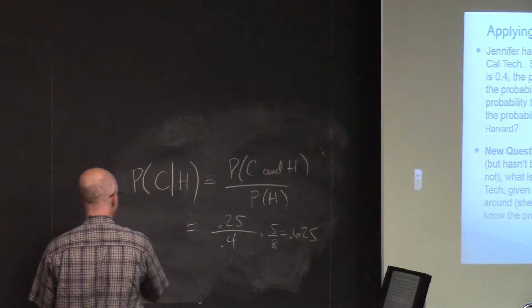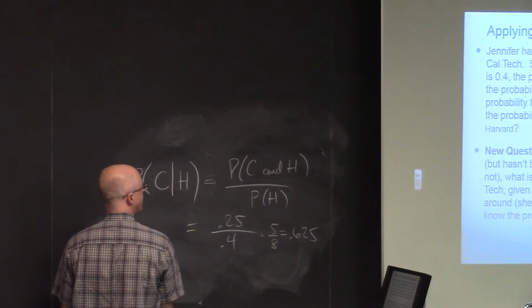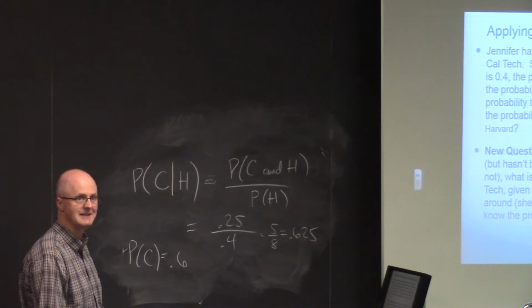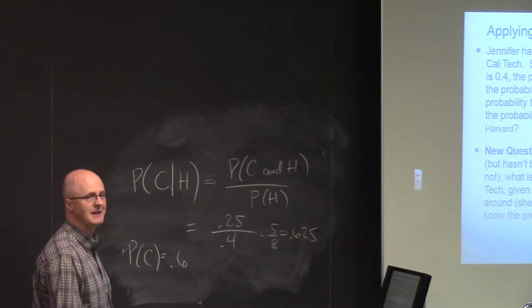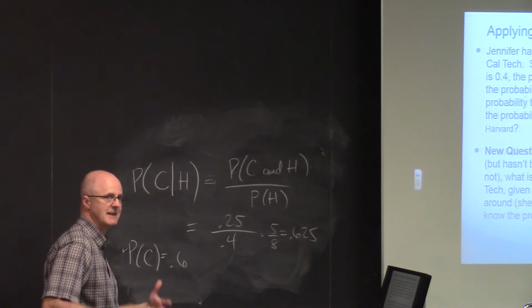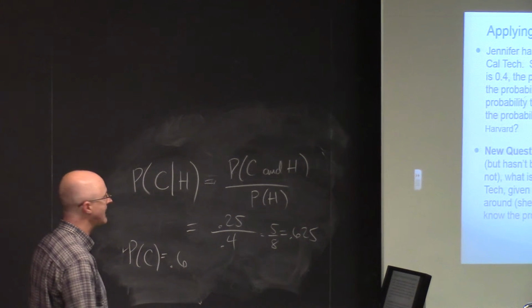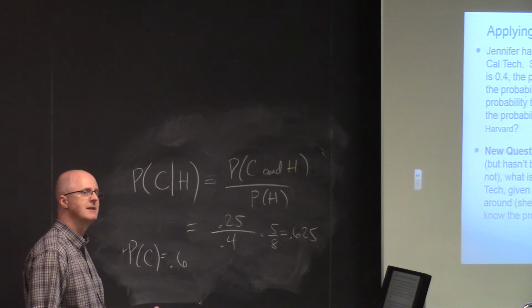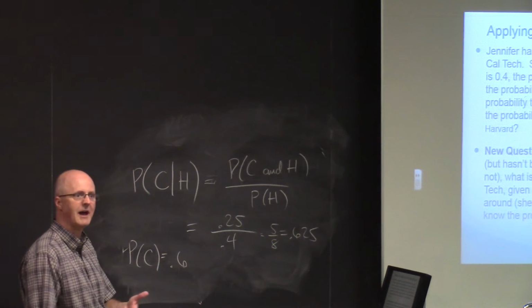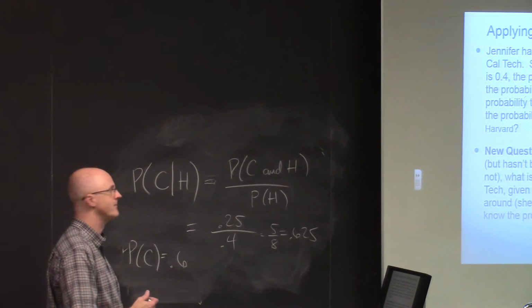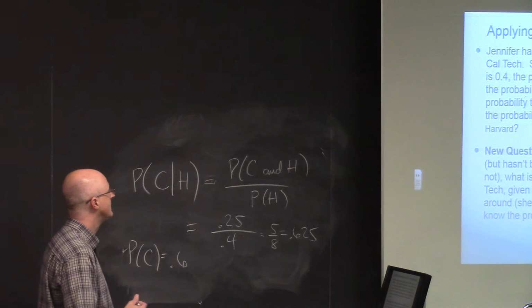Which is different than the ordinary probability of getting into Caltech, which is 0.6. These are slightly different probabilities. If she knows she's been admitted to Harvard, that increases her chances, at least based on her personal assessments, that she's going to get into Caltech, which does make some intuitive sense. Harvard thought she was a good student, so Caltech also is more likely to think she's a good student and want to admit her based on her application.